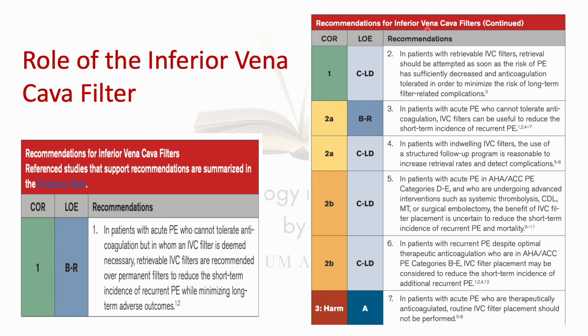So there are potential indications like a free floating thrombus, and where anticoagulation is an issue, but they are under scrutiny and the scope of these is still evolving. Remember, they've mentioned the concept of retrievable IVC filters, and they've said that those would always be preferred over permanent filters, because we need short-term protection which they can give.